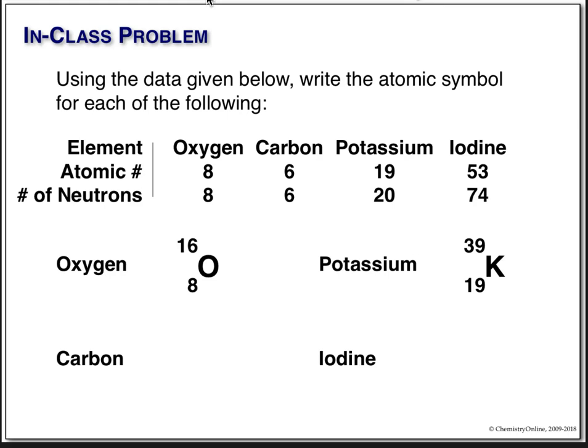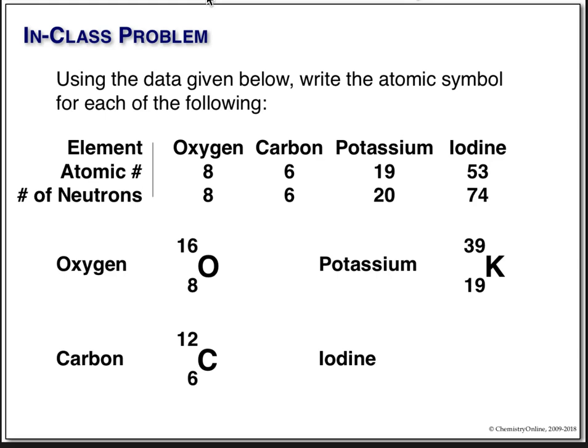Carbon. Our symbol is C. Atomic number is 6. That's our subscript. 6 and 6 are 12. That's our mass number. That's our superscript. Carbon 12, it's called. And finally, iodine.